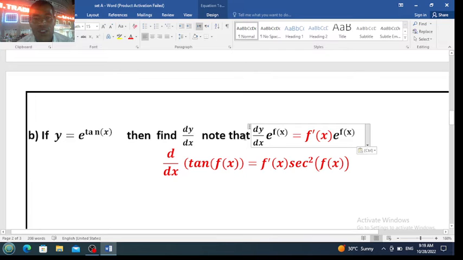So therefore, the first derivative of this equation y equal is sec square, learners, exponential of tangent.